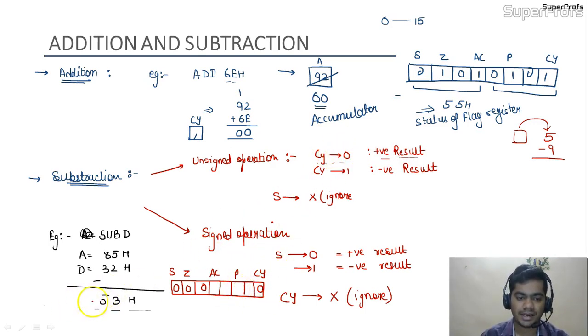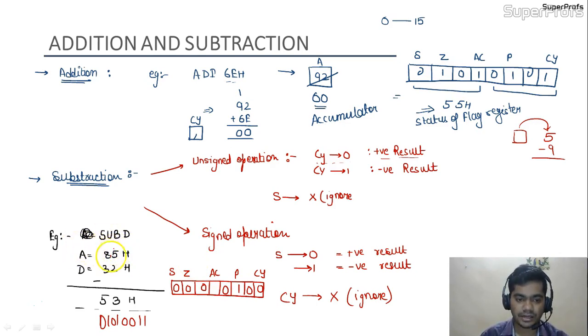Now to check parity, we need to check the binary equivalent. It would be 0 1 0 1 0 0 1 1. So you can see that there are an even number of ones, therefore parity would be set. So to check auxiliary carry, it is very important to understand the shortcut.